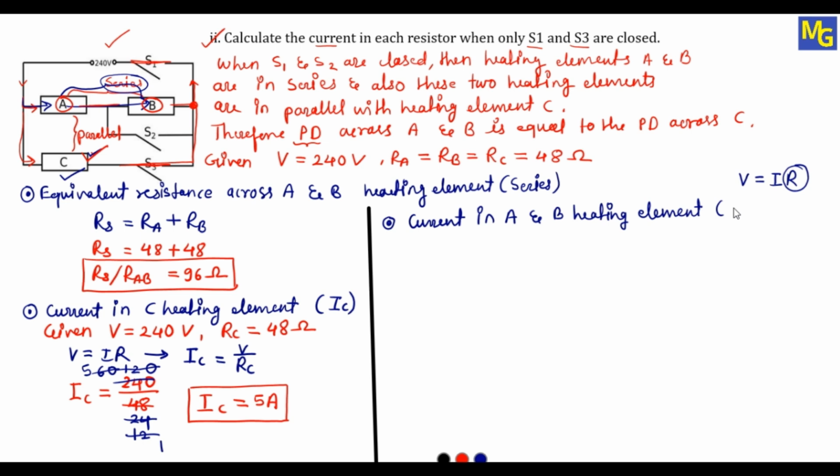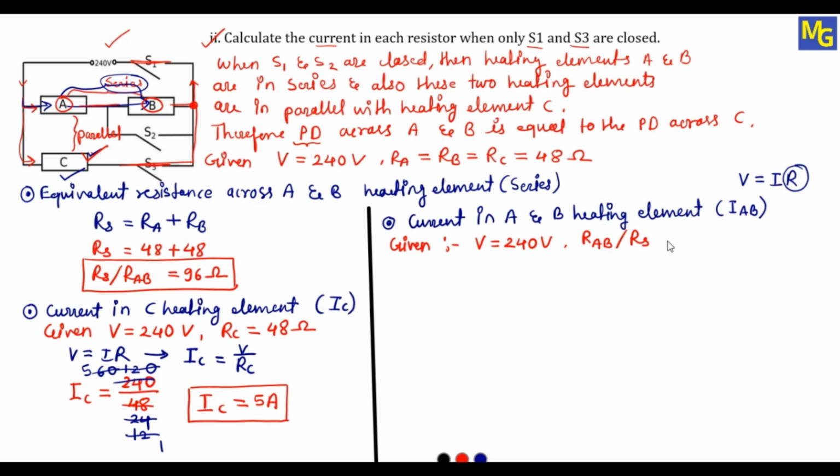So what we have, first we will write given, as I had told that already. Whenever we will solve numerical, first we should write what all given. So V is equals to 240 volt. So I'll write 240. Then we have resistance and resistance symbol. What we can write? RAB we will write, because both are in series. Or you can write RS also. So RAB or RS is equals to how much we have got? Just now here we have find it out. It is 96 ohm.